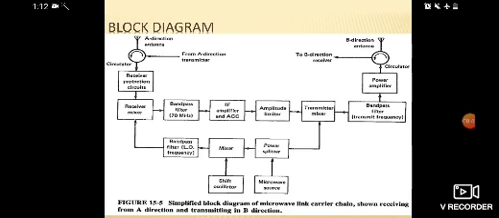Okay, these are all the main things. Not only that, there are also power splitters, mixer, shift oscillator and band pass filters. A number of things are there in this block diagram, just like in any communication system, the blocks are the same.